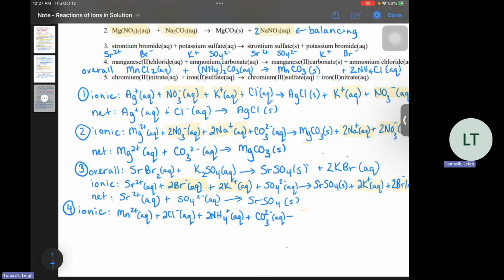Now we have an arrow, and then we have MnCO3, which is a solid because it's a precipitate, plus 2NH4+ aqueous, and plus 2Cl- aqueous.